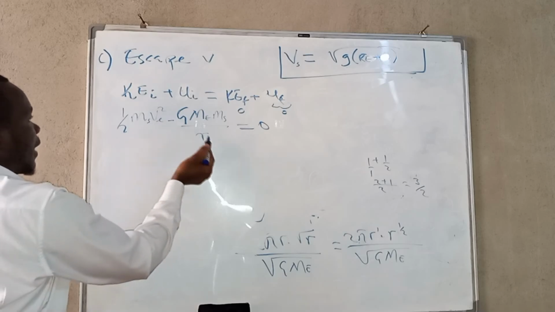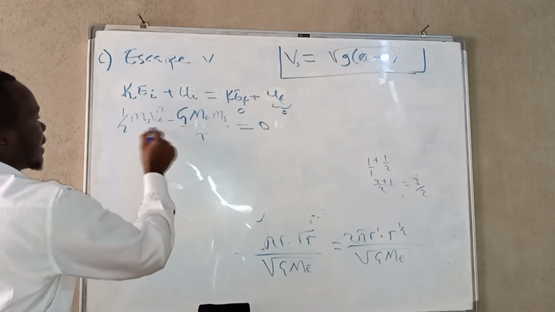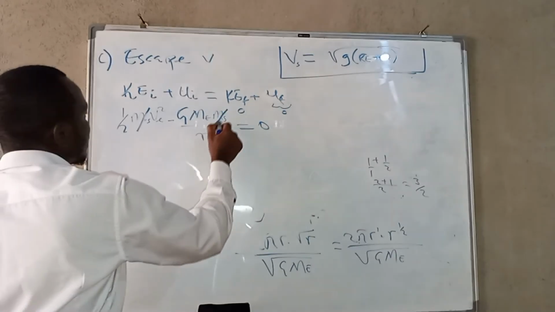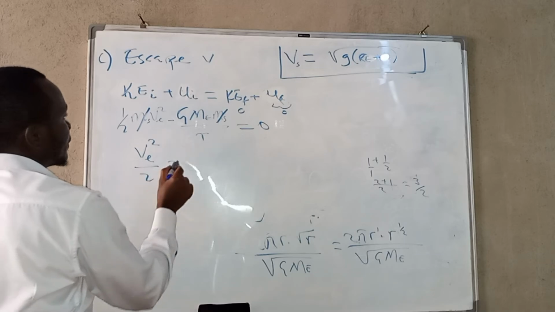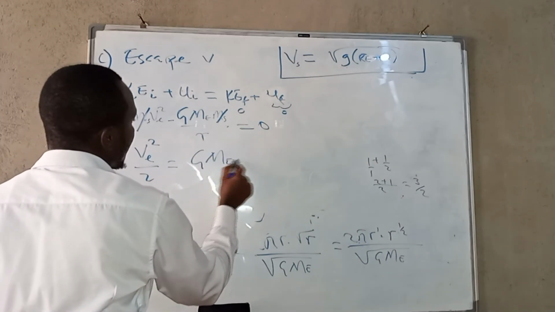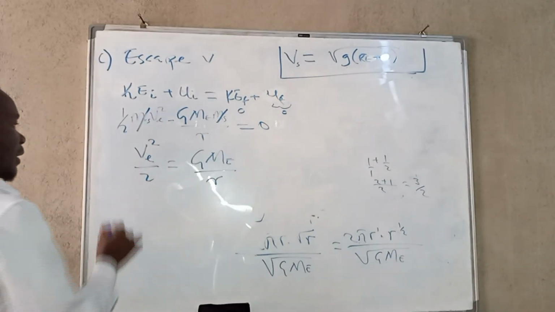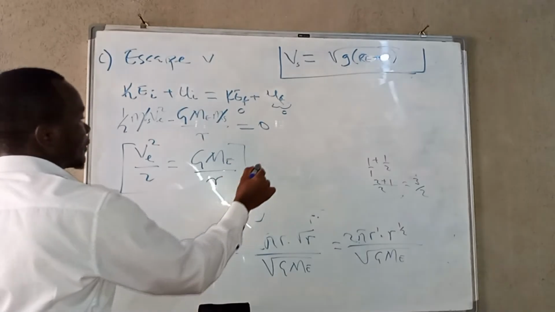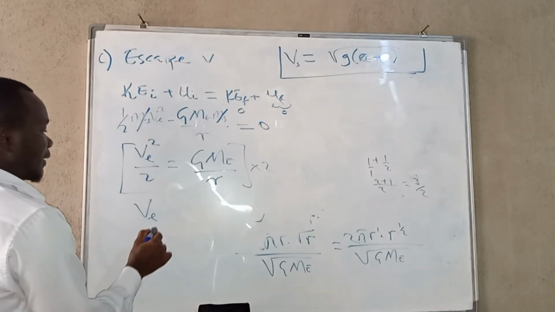Here the mass m of the object, MS, can go. So we're going to have VE squared over 2 is equal to GME over R. We can multiply through by 2 to get rid of the 2 here. So we're going to have escape velocity.